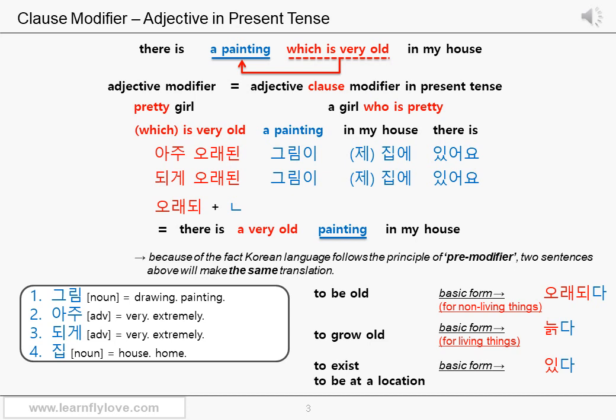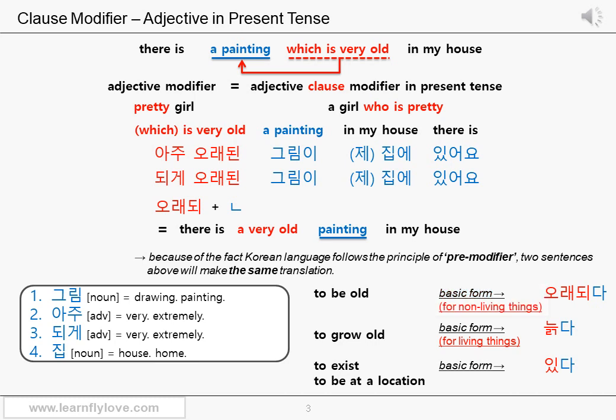Needless to say, the be verb is useless in a Korean sentence. Very is an adverb. It modifies the predicate old, and it's already positioned right before an adjective old. The translation of the adverb very is 아주. There are two basic forms of the adjective old.